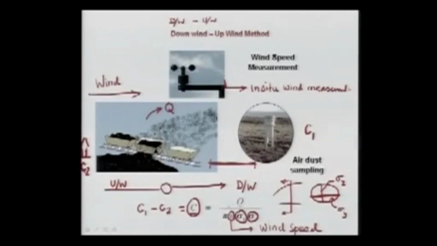That is related to the total emission rate from the source, Q, divided by pi u sigma y sigma z. U is the wind speed you are measuring, sigma y and sigma z are the dispersion of the pollutant plume in the y and z direction, and therefore a function of the distance, don't forget that, and you can find out what will be the Q, and then Q can be estimated.